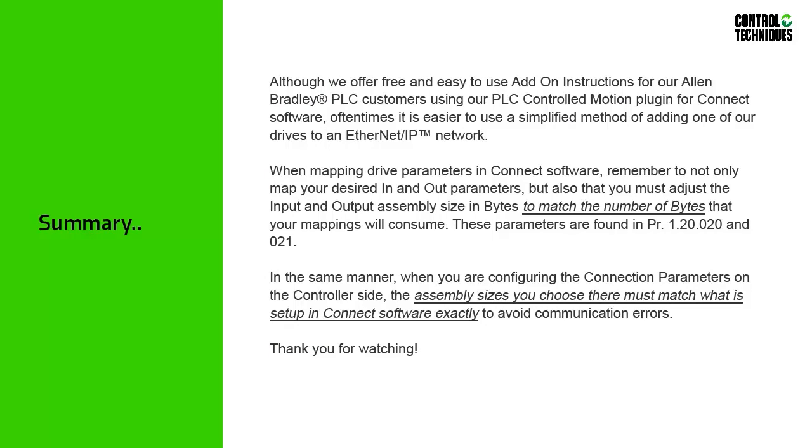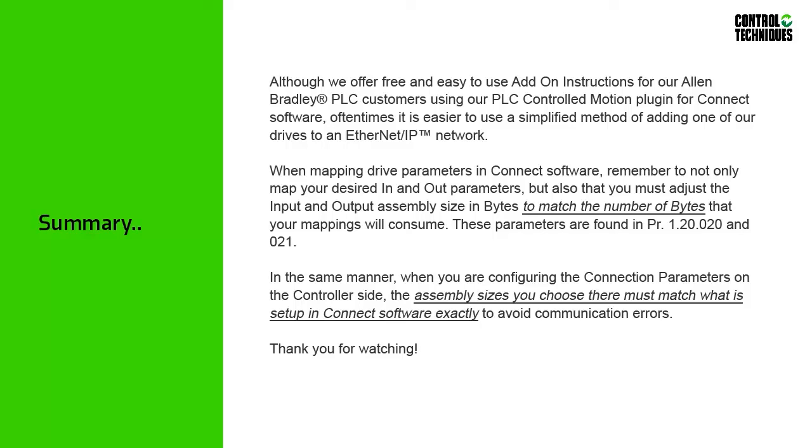Although we offer free and easy-to-use add-on instructions for our Allen Bradley PLC customers using our PLC Controlled Motion plugin for Connect software, oftentimes it is easier to use a simplified method of adding one of our drives to an Ethernet IP network. When mapping drive parameters in Connect software, remember to not only map your desired in and out parameters, but also that you must adjust the input and output assembly size in bytes to match the number of bytes that your mappings will consume.